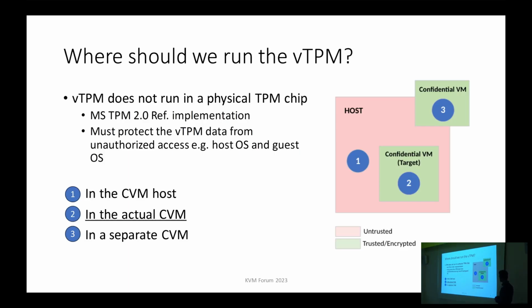Based on that, initially we thought about three options. We could run the VTPM in the host, but it doesn't seem to be a good idea because the host kernel would have access to the VTPM data, to the VTPM memory. Another option would be to run it in a confidential VM. This seems to be a more generic solution that would be easier to implement in other architectures.